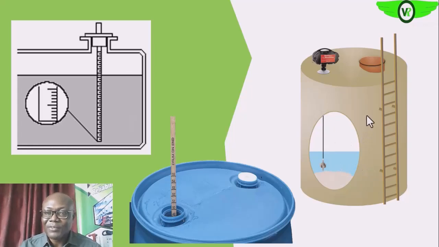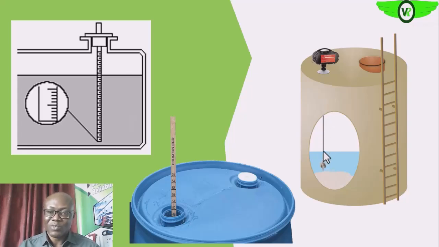So here we have another example that is used to measure directly the level of fluid or liquid in a tank. It's also a dip method, which is the dip tape. Here we have the plumb ball, which is a weight. Then this tape is calibrated. So the mark on it, together with the length of this plumb ball, as you pull it out, you see the mark on it.